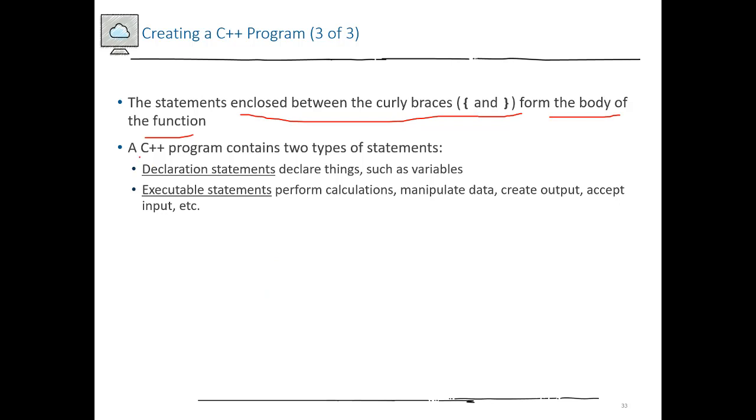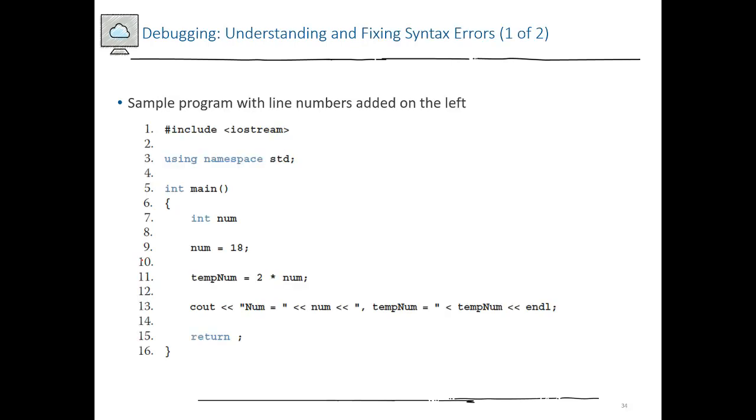So the C++ program can contain two types of statements, declaration statements and executable statements, right? Obviously, even the simplest program is going to have those two types of statements in there. So let me show you what I mean by that. Let's look at a sample program. It has the header file, it has a namespace, right?